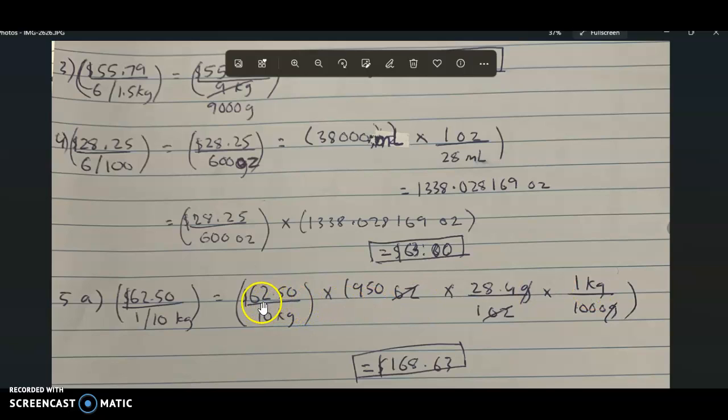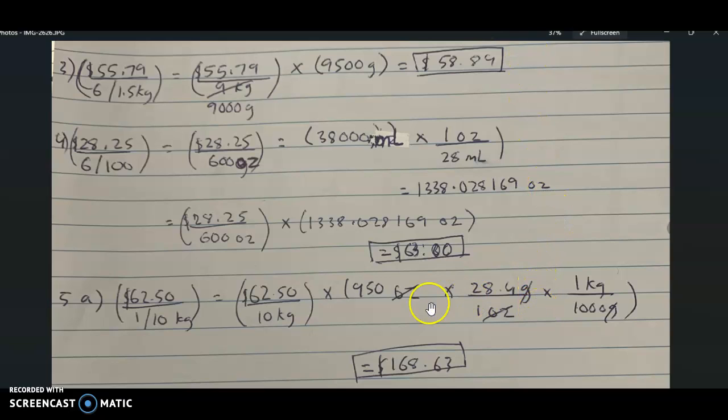So we would take 950 times, because in 1 ounce there's 28.4 grams, and then 1,000 grams is equal to 1 kg. And so what we did was 950 times 28.4 divided by 1,000.